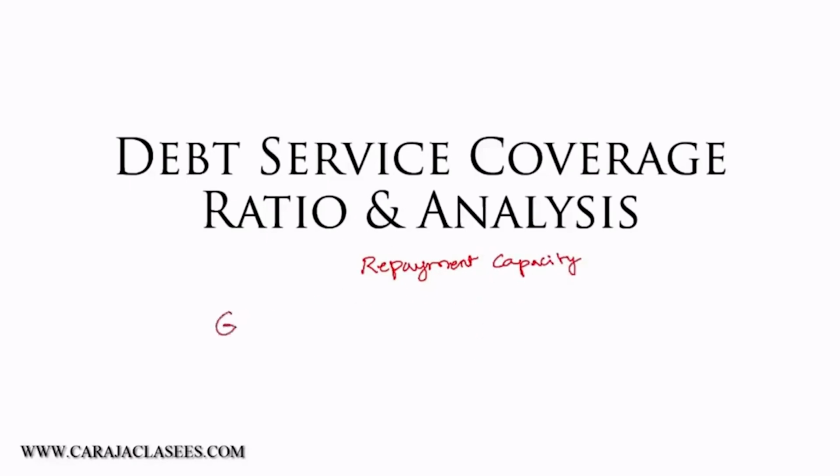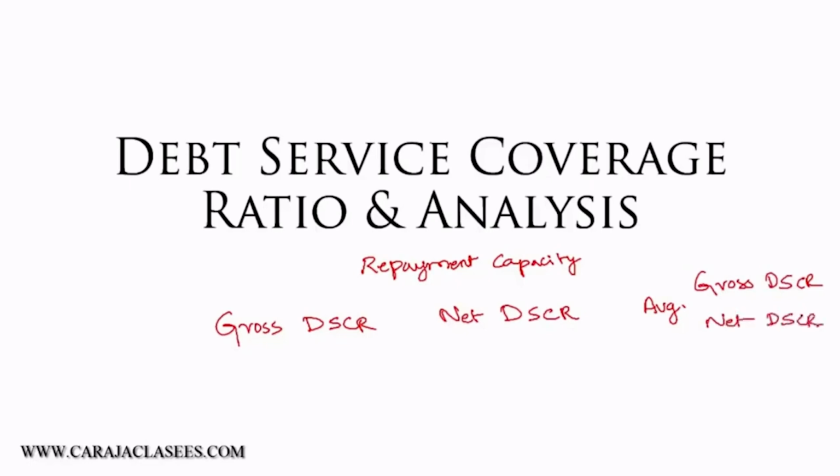We have gross DSCR, then we have net DSCR, and we also have average of gross DSCR, average of net DSCR. So within debt service coverage ratio itself, we have almost 4 types of debt service coverage ratios. So what is gross DSCR? What is net DSCR? Let's see.